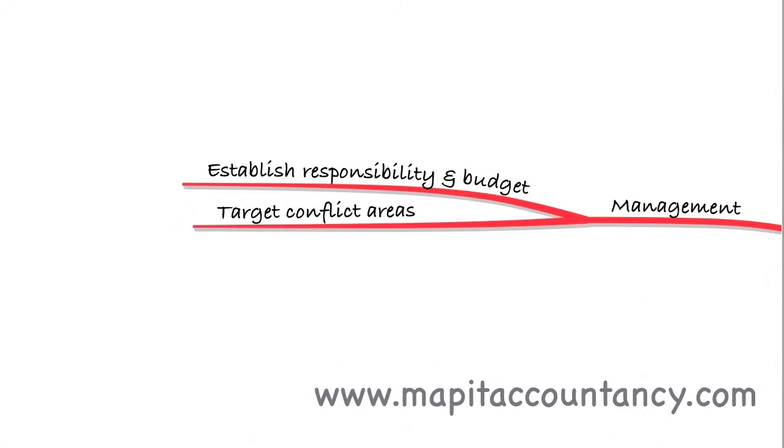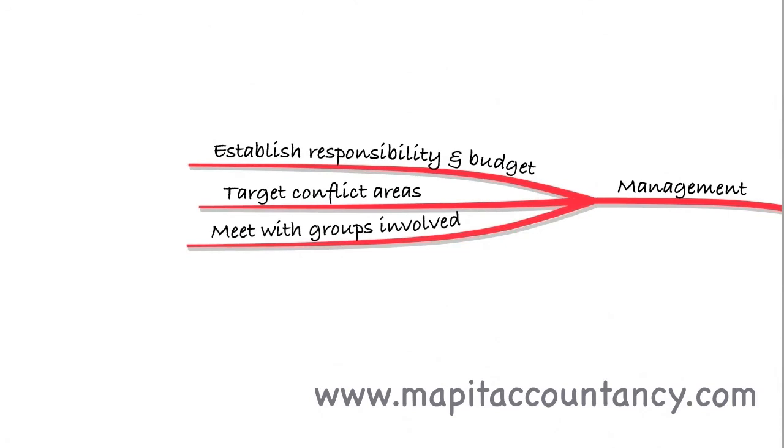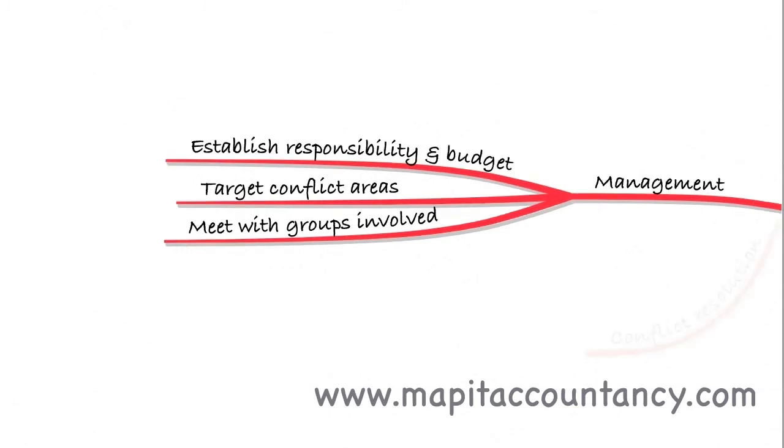If there's not much power in the stakeholders, we want to keep them informed, but we won't be much interested in actually providing them with solutions if that's not in the interests of our firm. We may also meet with the groups involved. So if we have stakeholders, we may well meet with those groups to actually make sure we're managing the relationship satisfactorily. Also, if we have conflict with our stakeholders, how are we going to deal with that?